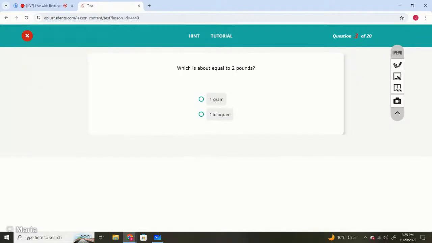Which is about equal to 2 pounds? 2 pounds equal 1 kilogram. Option number 2 is the correct option.